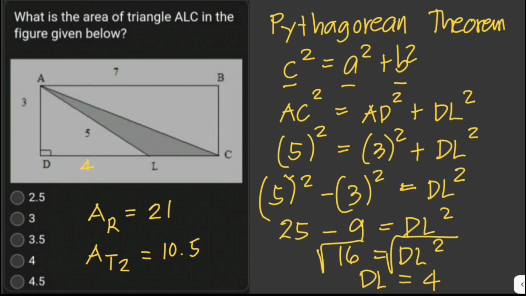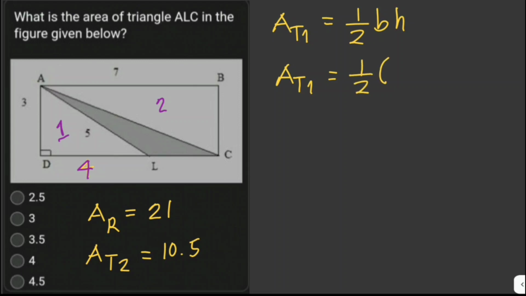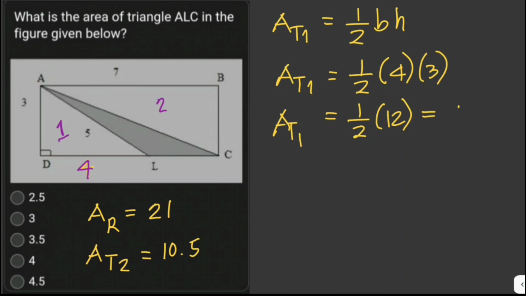So this length here is equal to 4. And now we can solve for the area of triangle 1. So area of triangle 1 is just equal to 1/2 base times height. So 1/2, the base is 4 and the height is 3, so this is just equal to 1/2 times 12, or 12 over 2, which is just equal to 6.